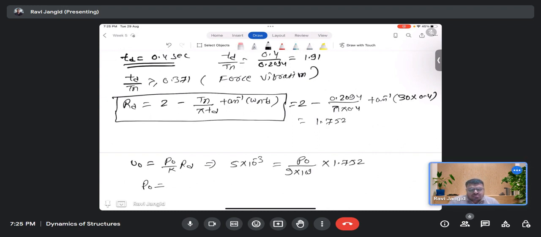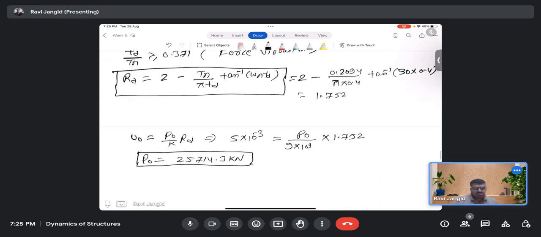How much? 25.68 into 10 power 6. In what? Newton? Yes, Newtons. So I am getting 25,714.3 kilonewton. Okay, that was in Newton. So here I am getting this one.